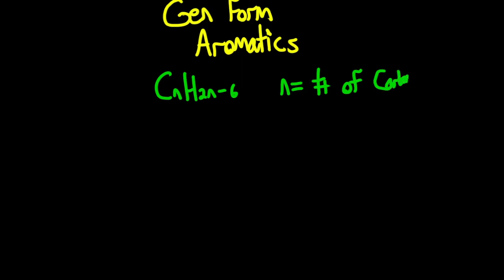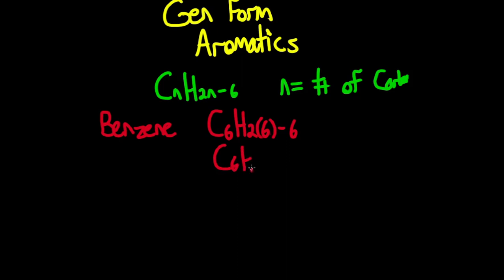Alright, so for benzene, 6 carbons. So H2 times 6 minus 6, C6, H12 minus 6, C6H6, which is what I had on my previous screen. Alright, toluene.